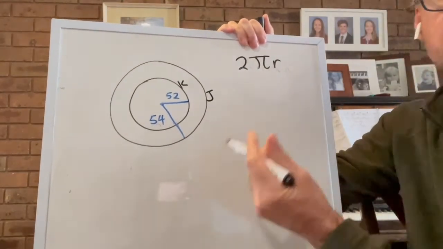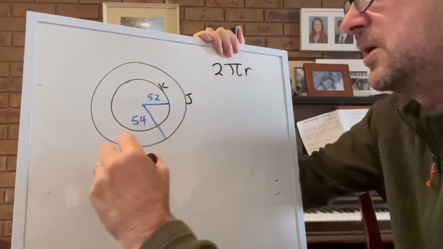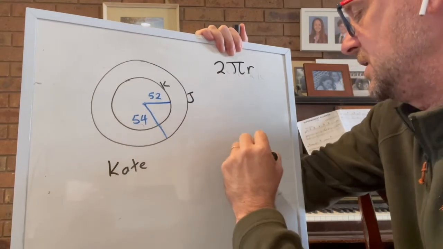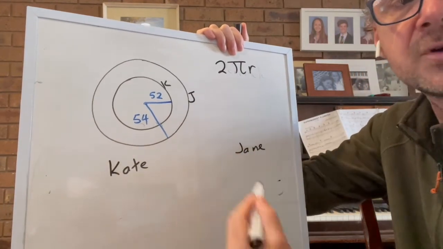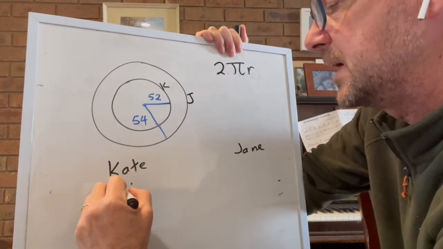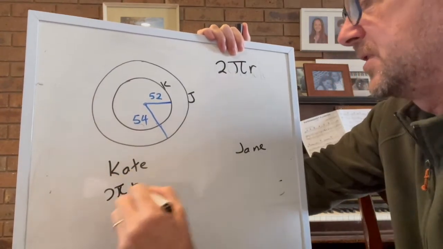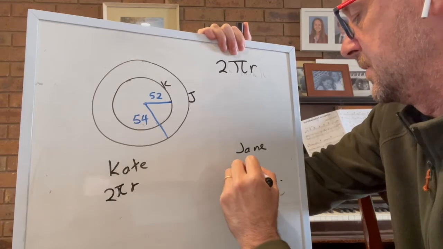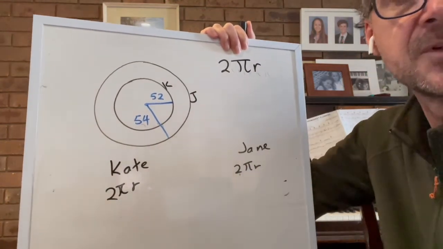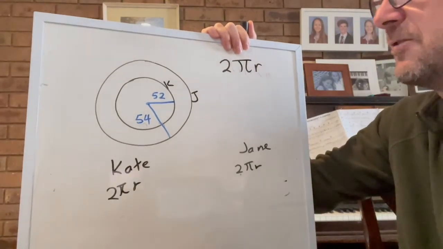So what we want to do here is set ourselves up where we have Kate and Jane. We're organising the information on our page. We're going to use our rule 2 pi r to solve these for both, because we're given the radius for both of these circles, and then it's just substituting that information in.